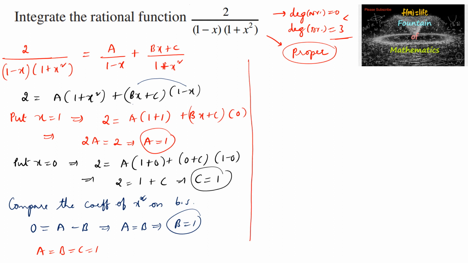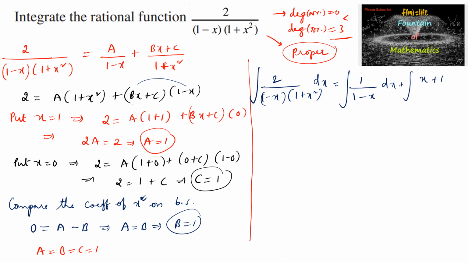So we can write into partial fractions as integral 2 upon (1 minus x) into (1 plus x square) dx is equal to, a value is 1, so 1 upon 1 minus x integral dx, and again here bx, that is 1 times x plus c divided by x square plus 1 dx.